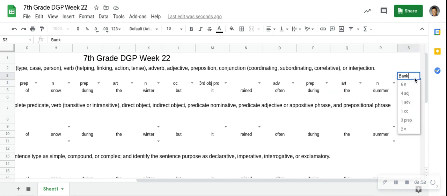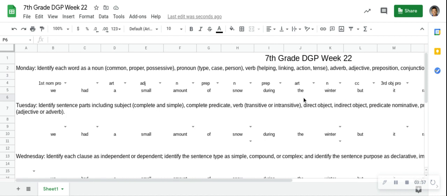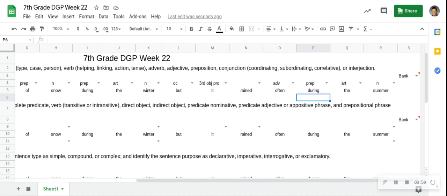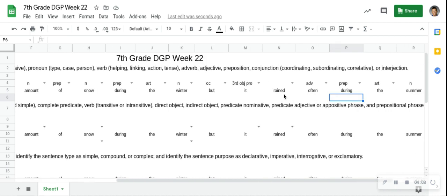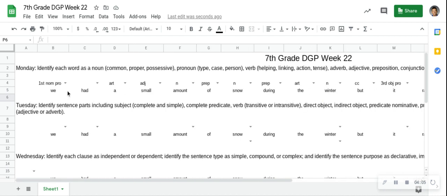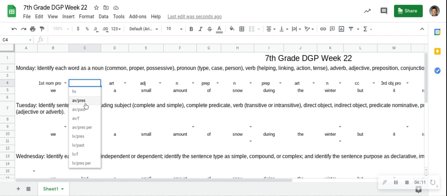So 2 verbs, only 2 words left. Had and rained. Now, something should stand out, especially with rained. That is the ed. Had is the past tense of have. Okay, so looking at our types of verbs, this is a linking verb, past tense.